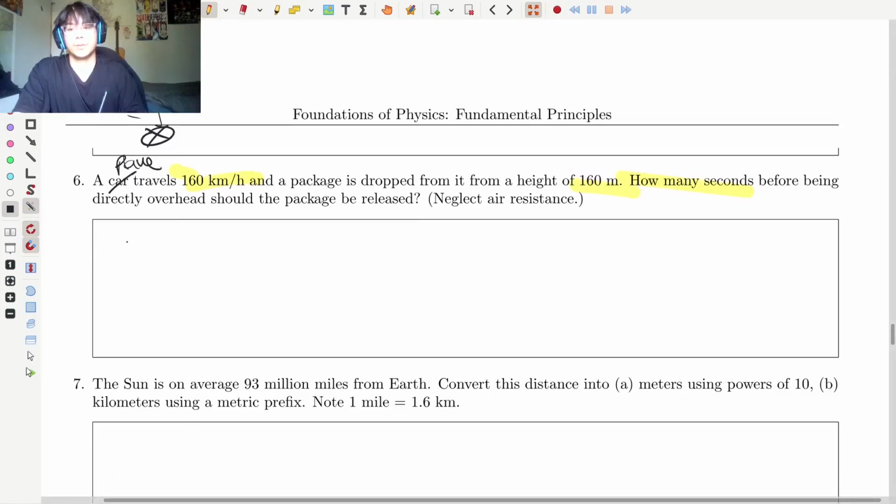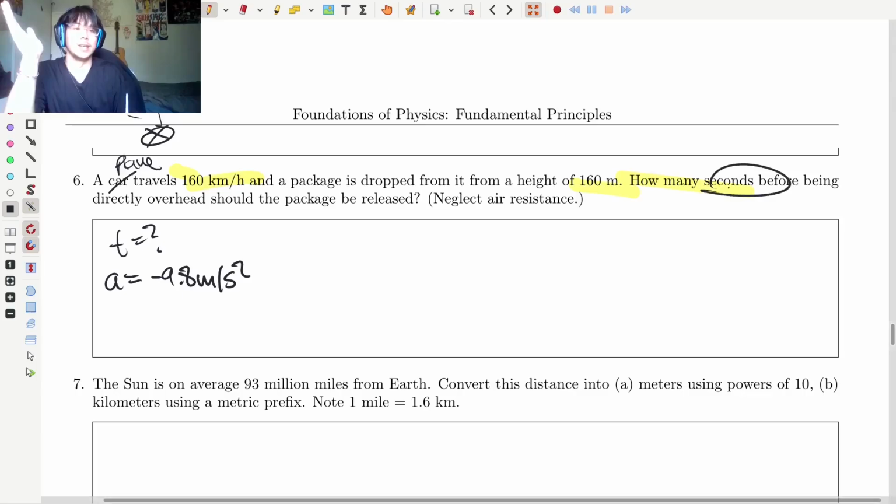So we are going to need a time as our unknown. Our A is going to be minus 9.8 meters per second squared, the gravity present on the surface of the Earth. And we're going to have that the plane travels at this speed. However, we're not really concerned with how fast it is going, because all we want to find is the time it takes for the package to fall down.